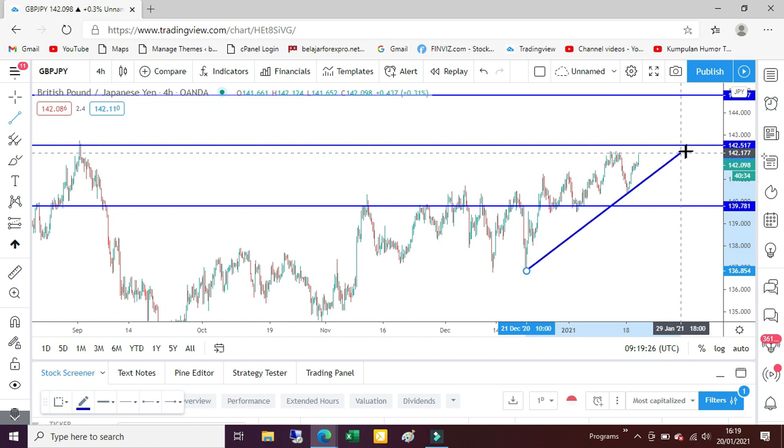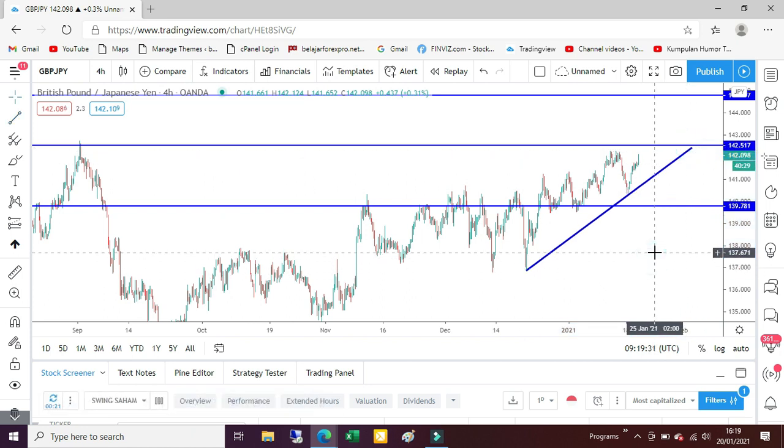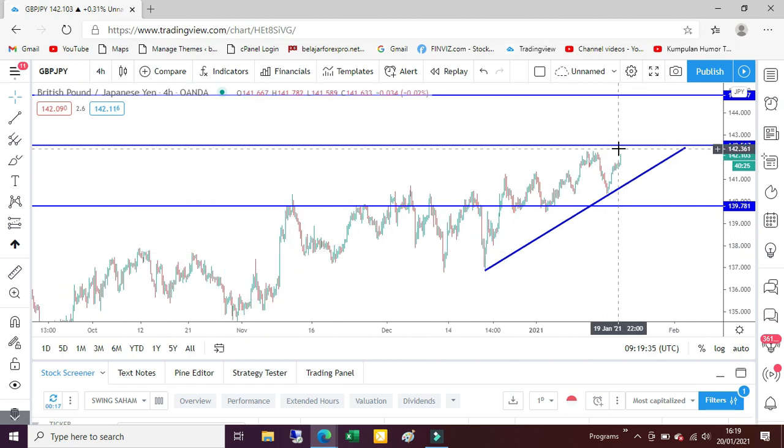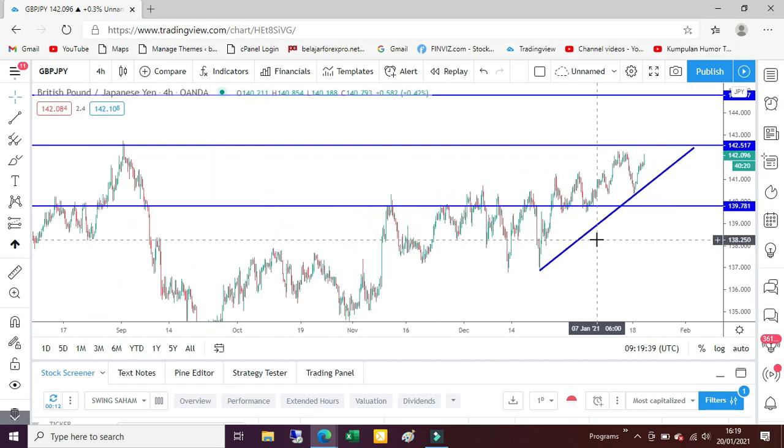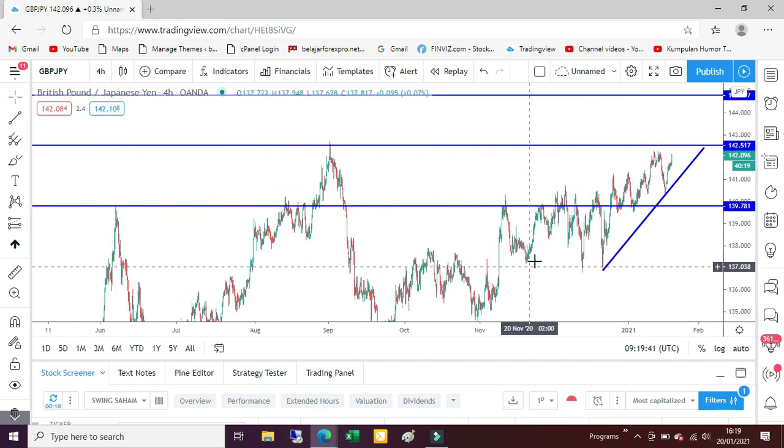The trend is up, must be careful. Teman-teman, kalau kita mau sell di sini kita mesti hati-hati, karena trennya lagi up.